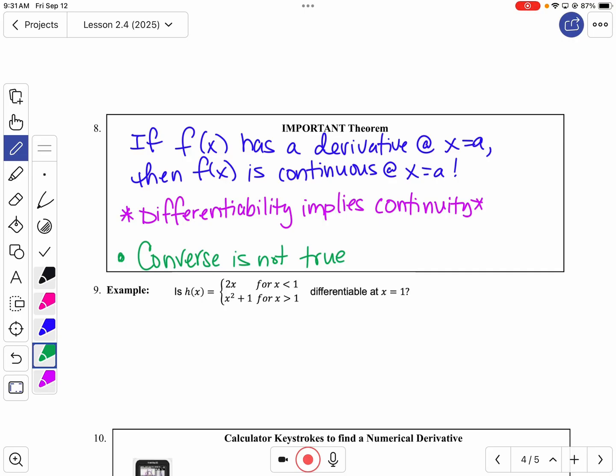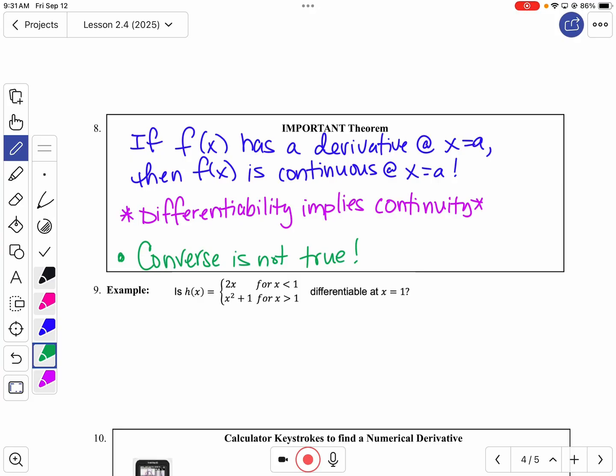So the converse is not true, and that's important. If it's continuous, great, but it doesn't mean there's always a derivative everywhere. If there's a derivative everywhere, then it is continuous, because we can't have a derivative at a discontinuity.